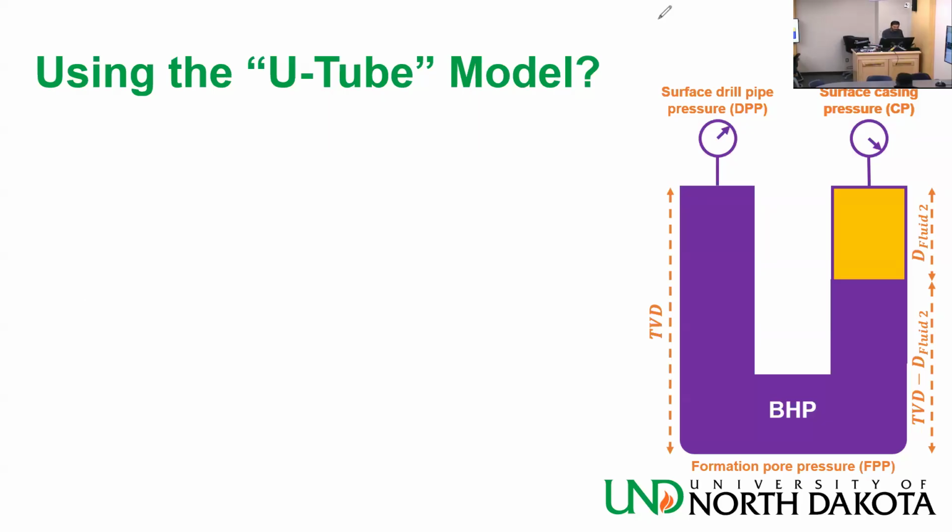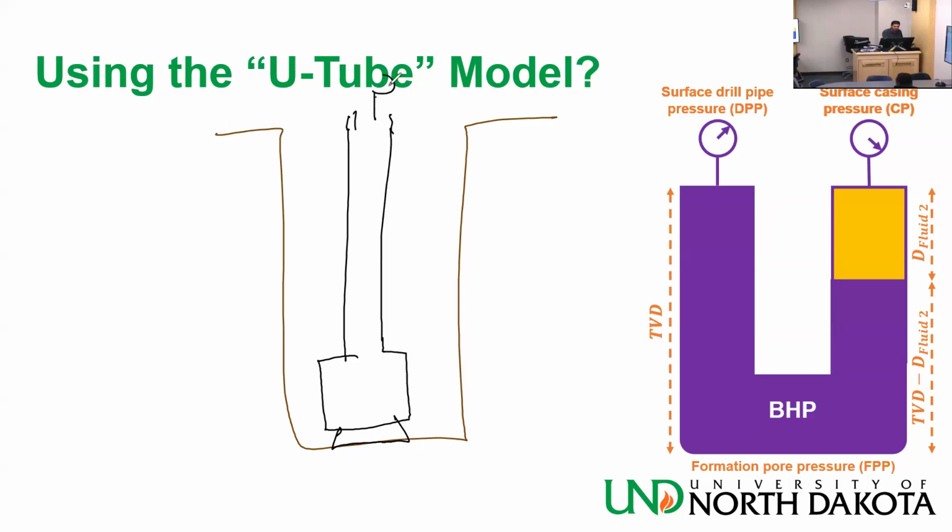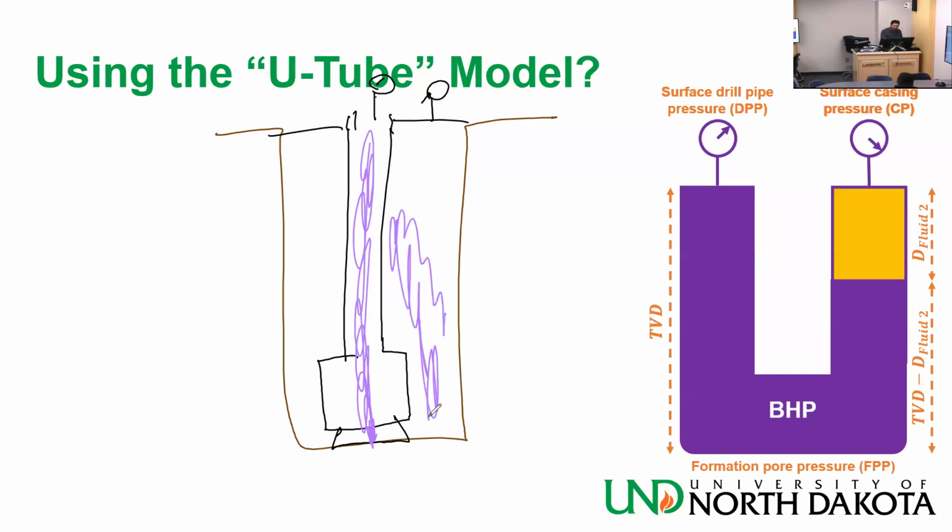It looks like a well. It has drill pipe, BHA, bit, all the way to the surface. Obviously, there is a surface pressure on the drill pipe side and on the casing side. My drill pipe is filled with purple fluid, right? But my annulus is filled with purple fluid up to a certain point.